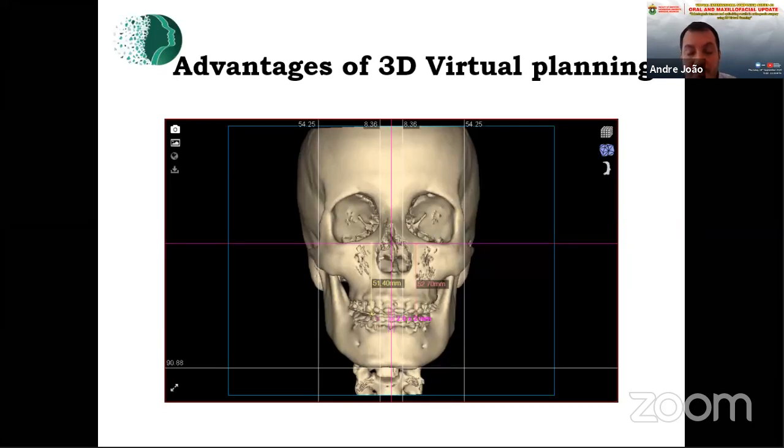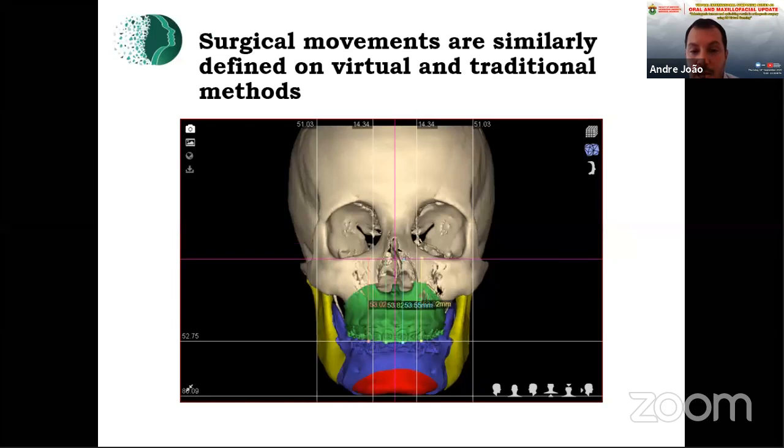So we can measure this patient in a very precise way, and then you can correct any kind of facial deformity with precision and with precise measures.